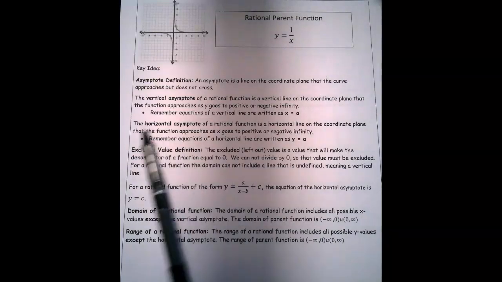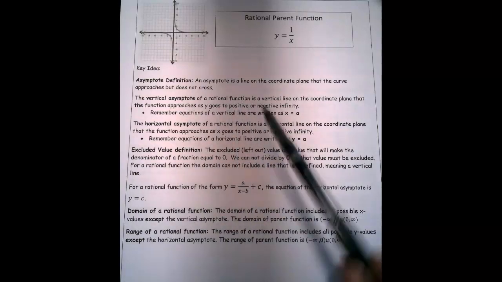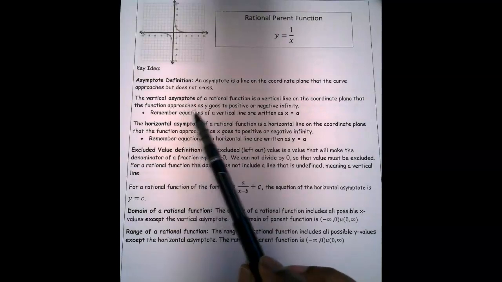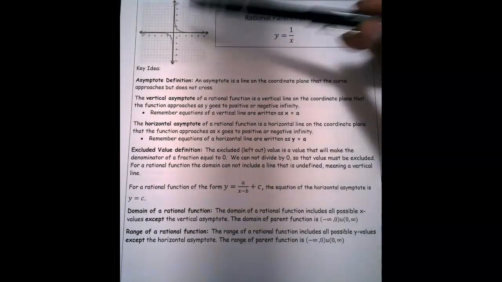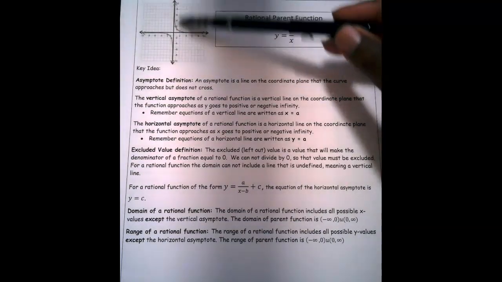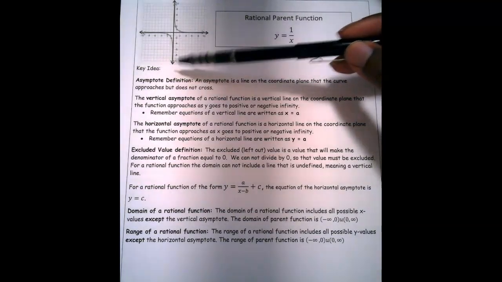So a couple of different asymptotes that we need to look at. We need to look at a vertical asymptote of a rational function, and it is the vertical line on the coordinate plane that the function approaches as y goes to positive or negative infinity. So here you see the arrows on the end of the y-axis. Well, they're going towards positive infinity or negative infinity.